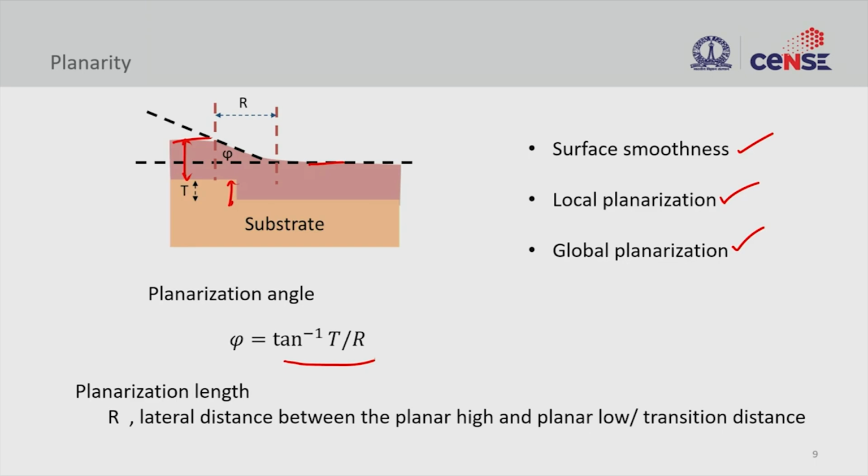But then if you keep on progressing in your polishing process, you will achieve global planarization, and typically your angle is going to be nearly 0. Okay. So once you get 0, that means you have achieved a complete planarity. Okay.